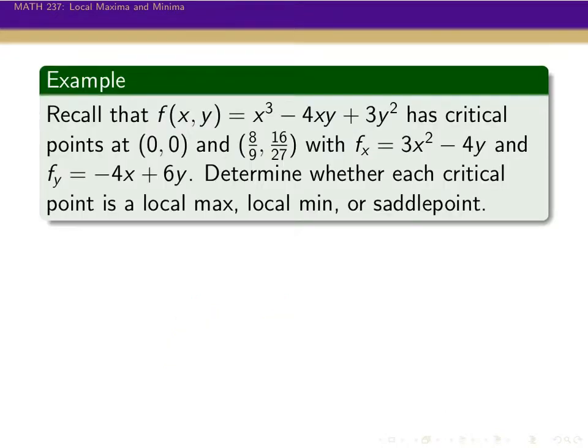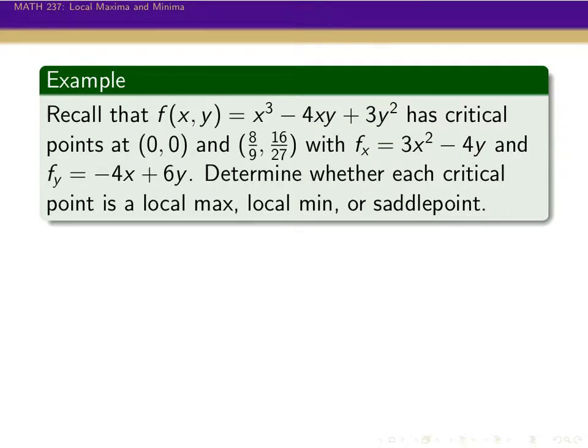Okay, so let's finish up this video going back to this example and using the second derivative test to identify the critical points that we saw before. So here's the same f(x, y) as before, same critical points, and we have our first partials here.